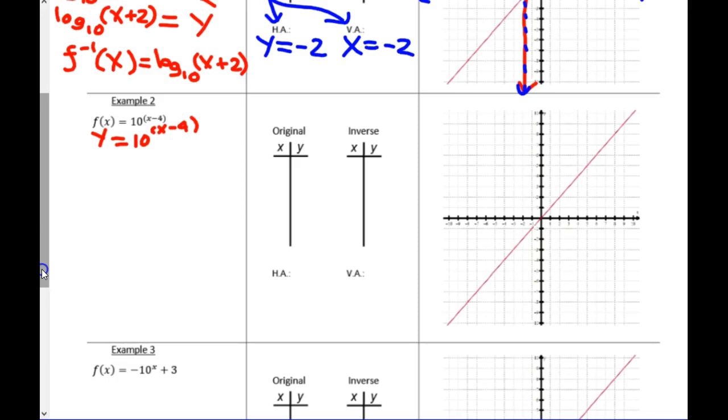Okay. Now, x and y switch. So it's y minus 4 up top.